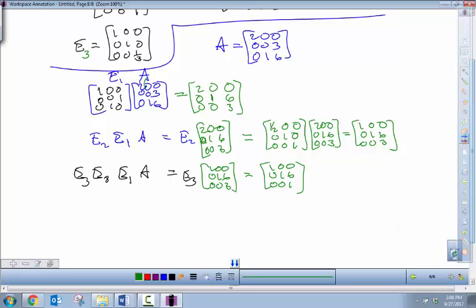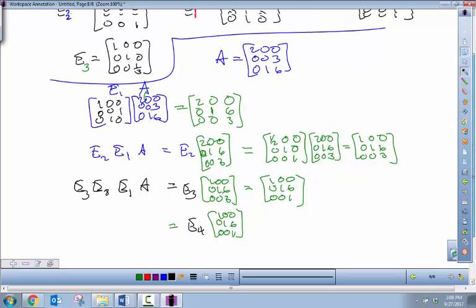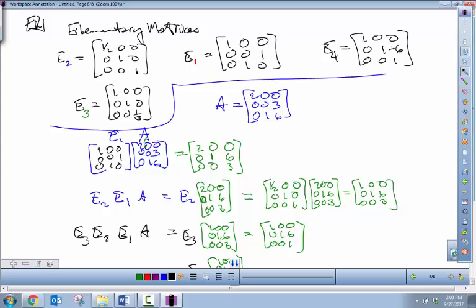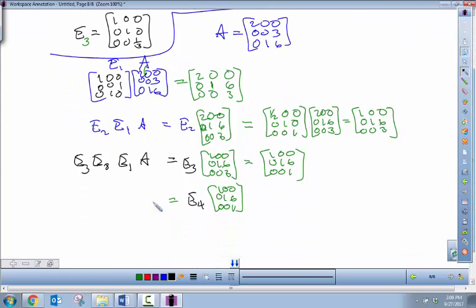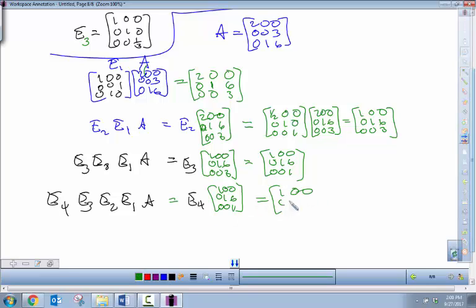I'm just expediting things a little bit. Now you take that new matrix and multiply it by E4, which is that third elementary matrix that we have. And then you get the identity matrix.